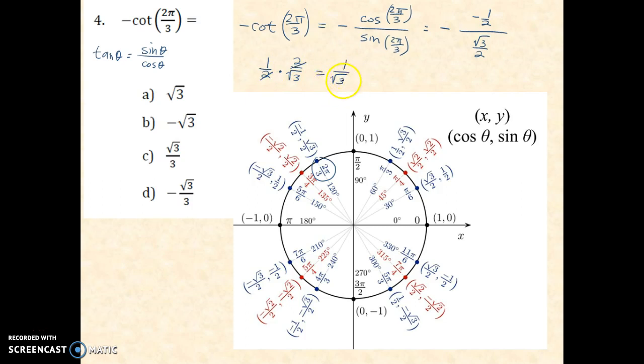But I need to rationalize my denominator, so I'm going to multiply top and bottom by square root of 3, because this fraction just equals 1, so I'm allowed to do it. So what do I get? 1 times radical 3 is radical 3. Square root of 3 times square root of 3 is square root of 9, which is 3. So the answer should be C.